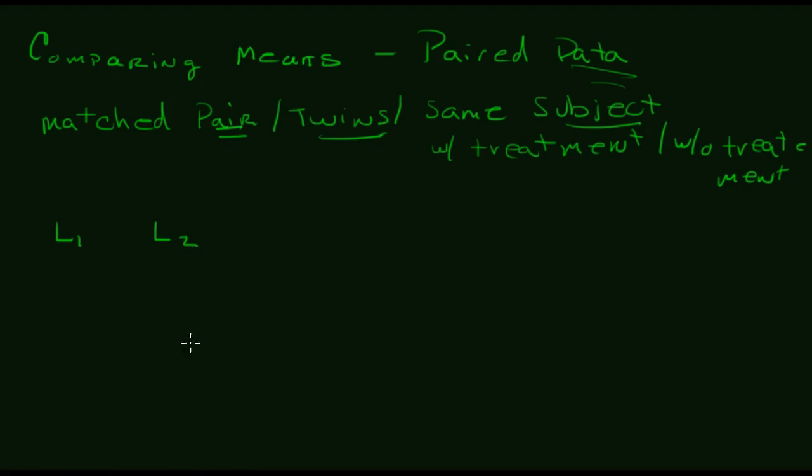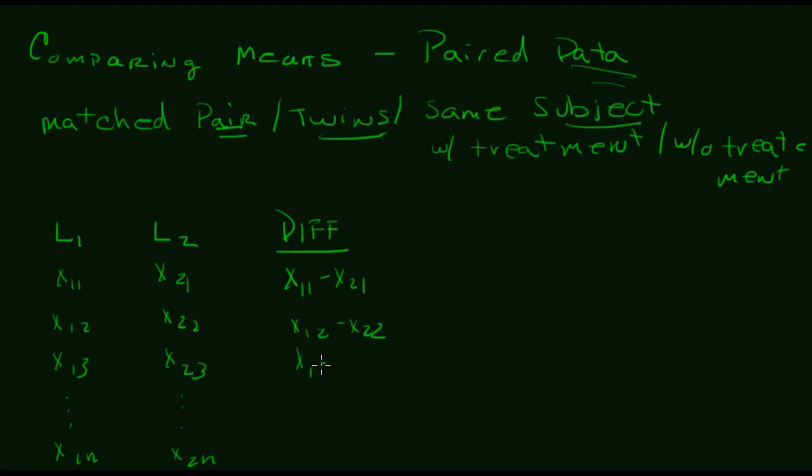You've got all these data points, right? So you have x11, x12, x13, up to x1n, and x21, x22, x23, down to x2n. What we're going to do is create a pool called diff, D-I-F-F. This is literally the value x11 minus x21, each of the paired values, x12 minus x22, x13 minus x23, and x1n minus x2n.